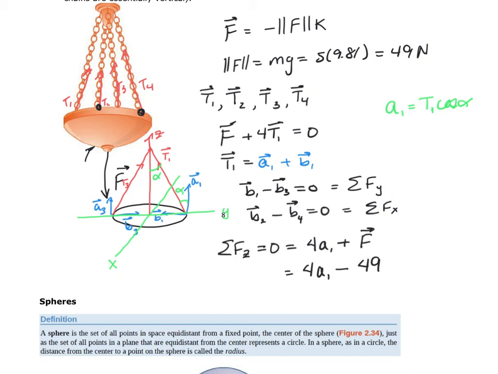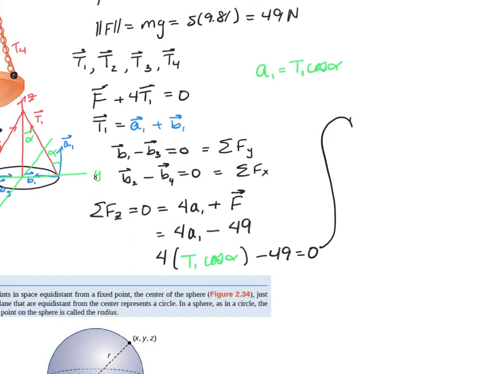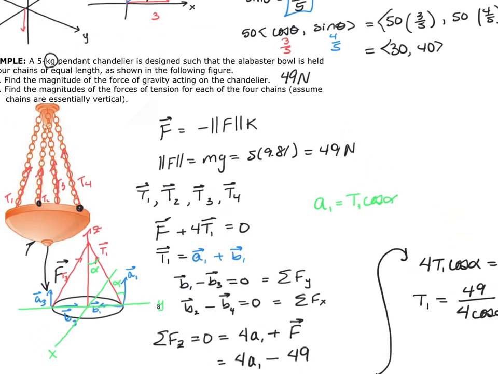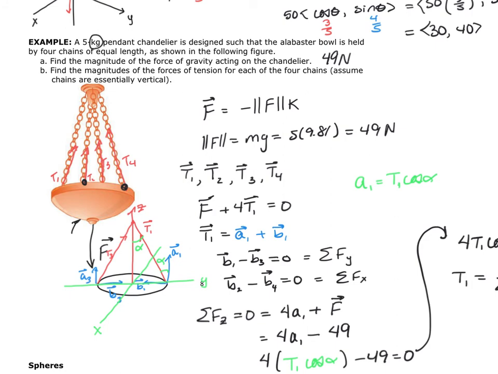So I have 4, and my A gets replaced with T1 cosine of alpha, minus 49 is equal to 0. So 4 T1 cosine alpha is equal to 49. So then T1 is going to be 49 divided by 4 cosine of alpha.